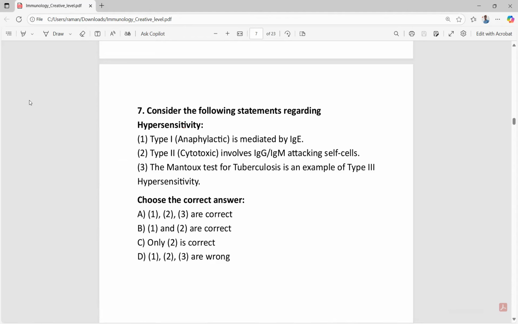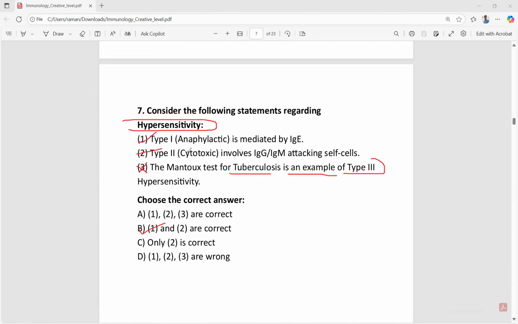நம்ம மெட்டீரியல் கொடுக்கும்போதே டைப் 1, டைப் 2, டைப் 3, டைப் 4 ஹைப்பர் சென்சிட்டிவ்ல கிளியரா கொடுத்துருப்பேன். ஞாபகம் வச்சுங்க. The Mantoux test for tuberculosis is an example of type 4, the delayed type of hypersensitivity. டைப் 1 immediate type of hypersensitivity. ஸோ ஆப்ஷன் 3 தப்பு. 1 and 2 are the right answer.